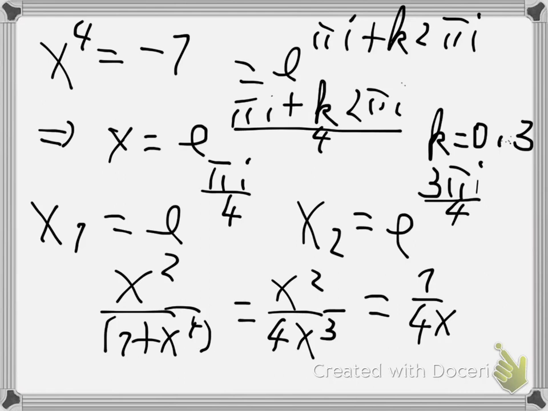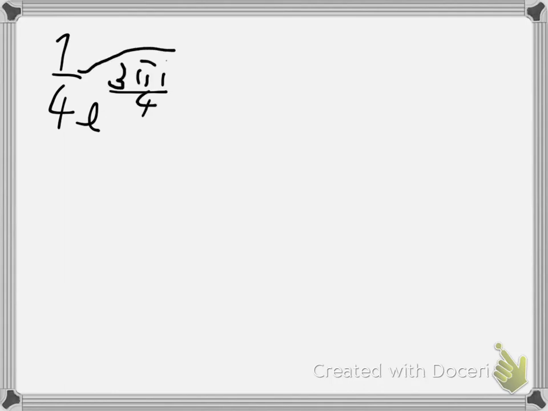Now we can just plug in our x1 and x2. For the first case it's 1 over 4 e to the pi i over 4, and for the second one it's 1 over 4 e to the 3 pi i over 4.